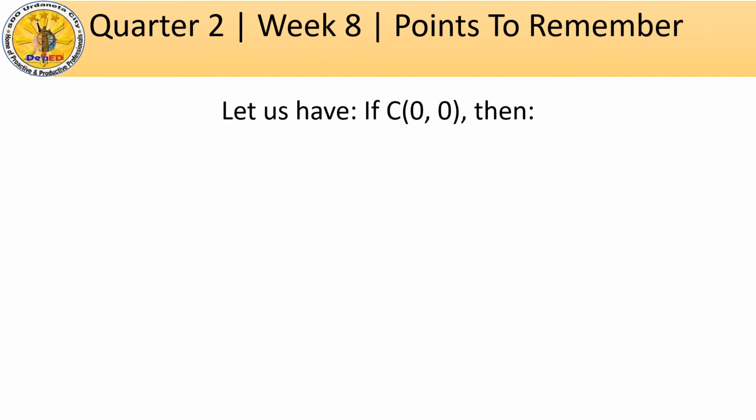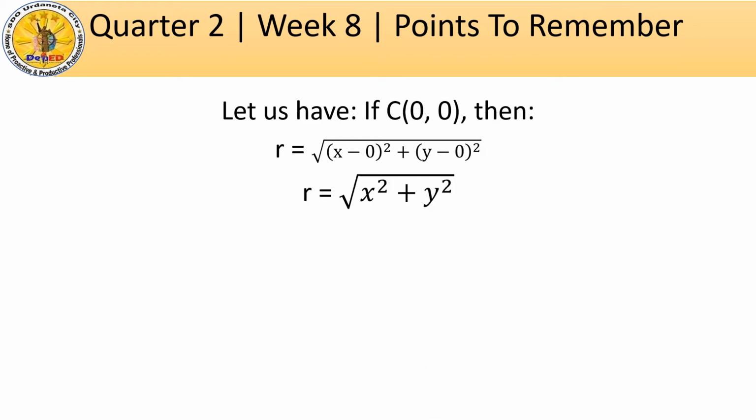So let us have C, which is the center, with coordinate 0, 0. Then applying the distance formula, we have the square root of the sum of x minus 0 squared and y minus 0 squared. Then r is equal to the square root of x squared plus y squared.